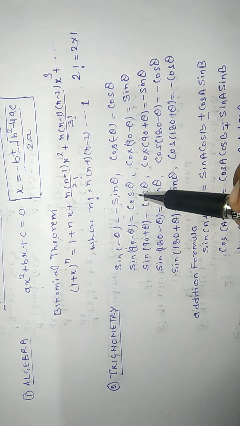Now what is the use of these formulas? Suppose we want to calculate sine 15 degree. Then we can write it as sine 45 minus 30.